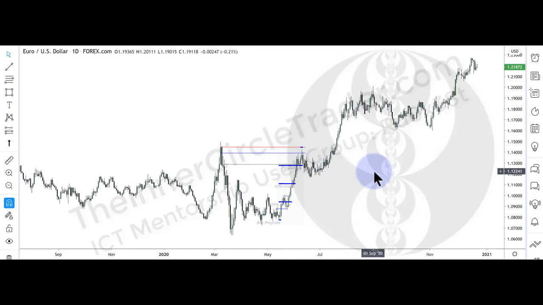Notice that I did not bring in commitment of traders. I have not brought in interest rates. Notice also that I have not brought in anything except the very things I talked about here. And I still framed an entire price run and forecast exactly where these moves would potentially form.